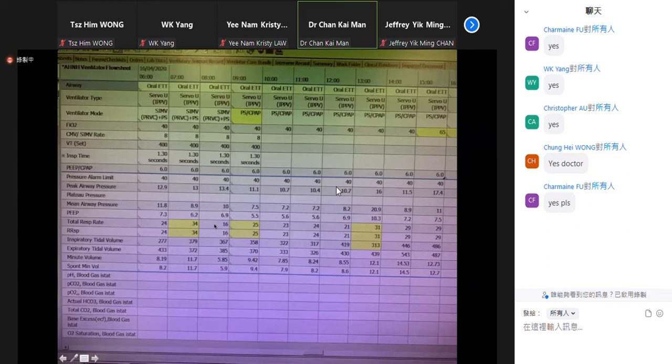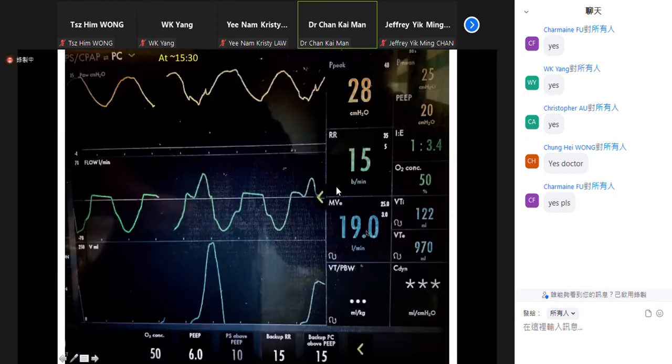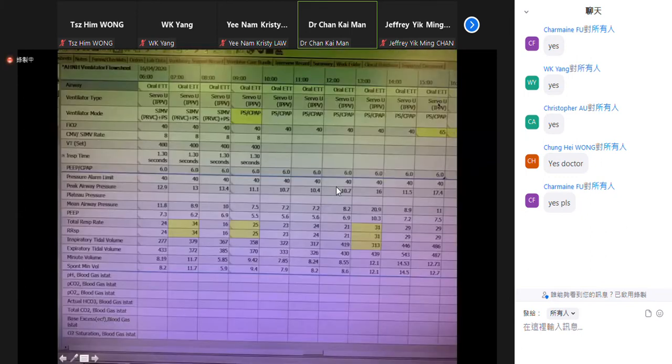Everything seemed settled, so this patient was tried weaning again and was put on pressure support again. You can see it seemed to be quite good in the morning until 1 p.m. The respiratory rate goes up a little bit to 31, and then the FiO2 needed to be increased to 65% at 3 o'clock.